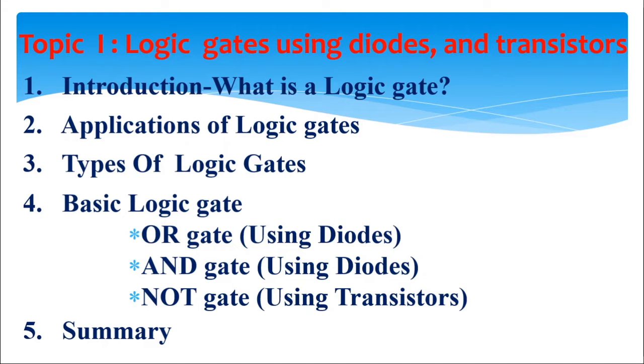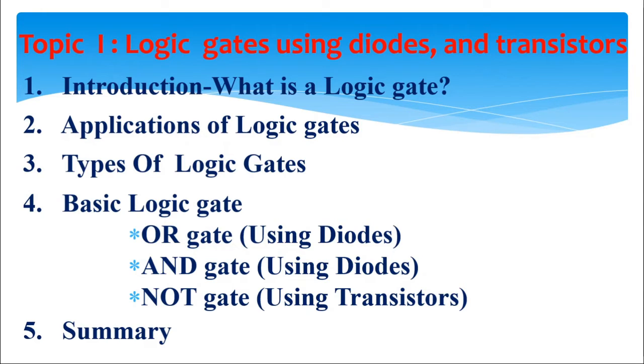In this module, we will emphasize the basic operation of logic gates using diodes and transistors. You will learn about the basics of logic gates such as AND gate, OR gate and NOT gate, and why they are referred to as the fundamental building blocks of any digital system.